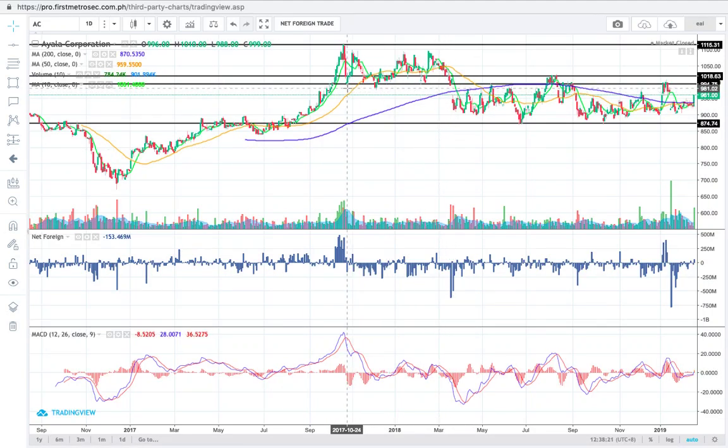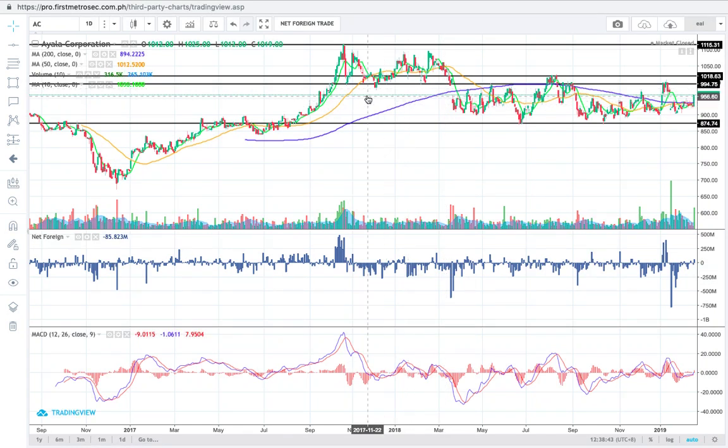Okay, so last October 24, I plotted my support level near 1,110 pesos per share. And then Ayala Corporation, during that month of October in 2017 until March 2018, we can say that it just played the range. It just traded the range.